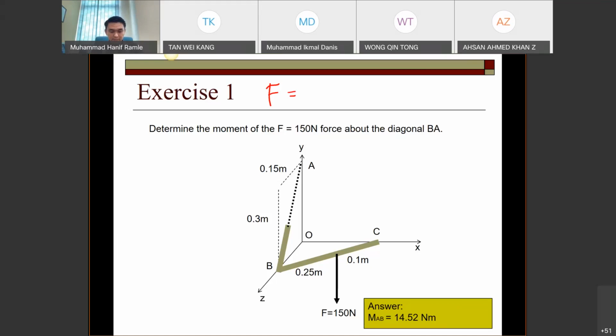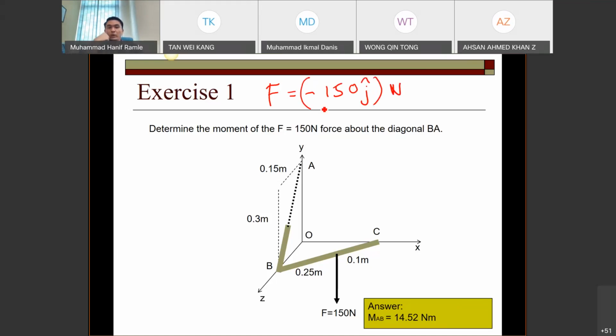The direction? Doctor, negative 150J. Yes, correct. The F is negative 150J Newton.